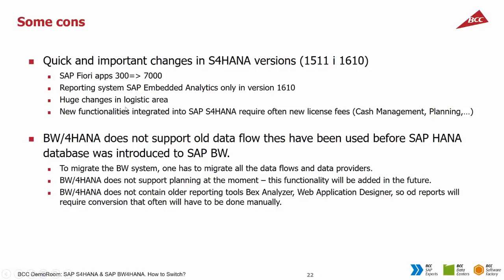And in the newest system there are huge changes in the logistic area, and this sometimes causes troubles when you, for example, implement this version 1511. Then just a year after the implementation, you think whether you should just upgrade to the version 1610 or stay within the old version.